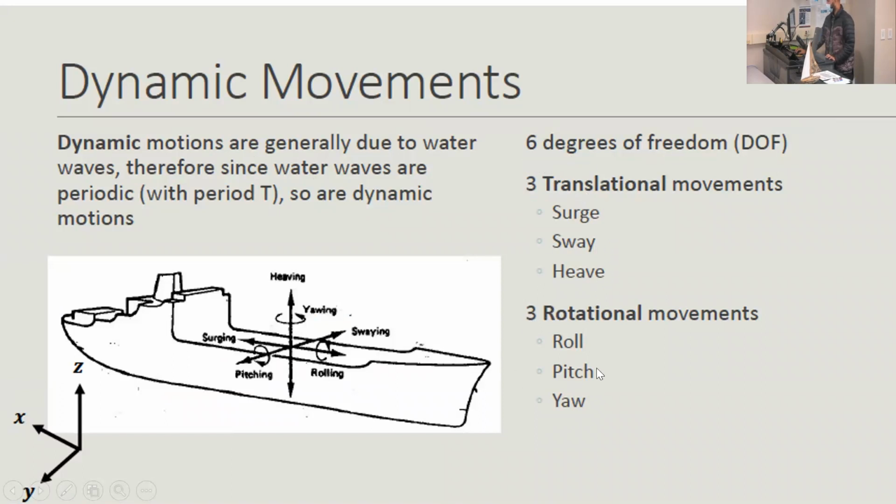Roll, pitch, yaw is the rotation in the three directions. And translation motion, surge is in the direction of the nose. Sway is moving side to side, and heave is up and down. That's all marked here. So surge is forward, heave is up and down, sway is side to side.